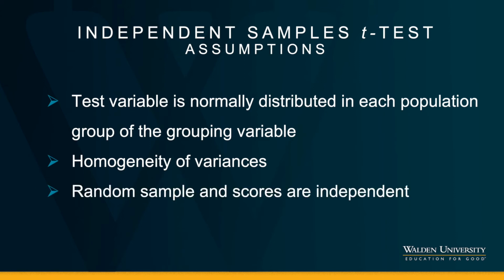And we're going to trust that the researcher set up this data set with a random sample and that all scores are independent. In other words, that the members in group 1 have not squared their answers with the members in group 2. And now that we've discussed the assumptions for the independent samples t-test, we're ready to run an example in SPSS.